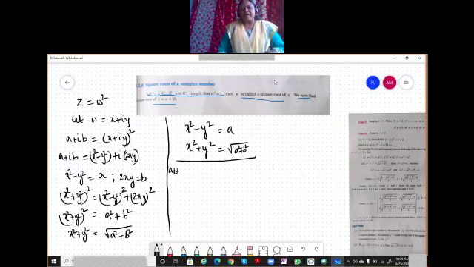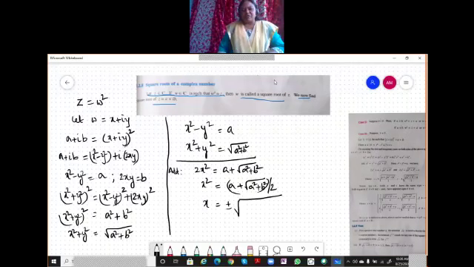By adding, we get 2x square is equal to a plus root a square plus b square. That means what is x square? a plus root a square plus b square by 2. So what is x? It's nothing but plus or minus square root of a plus root a square plus b square by 2.